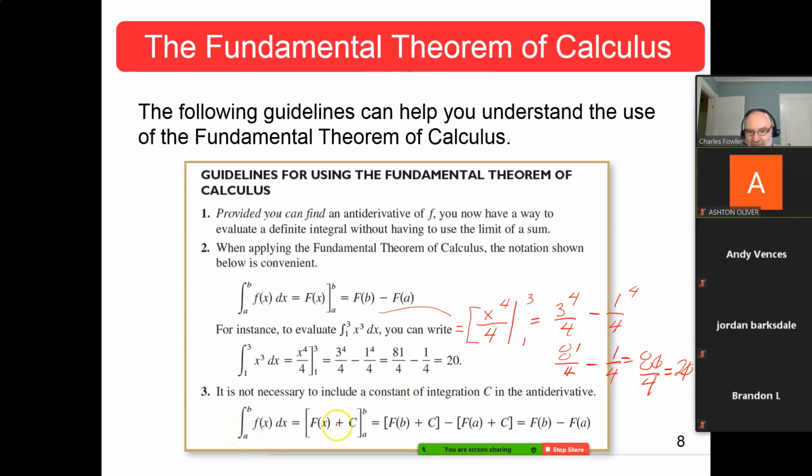But you see, if you put it in, you do f of x plus c evaluated at b, then evaluated at a, that would be f of b plus c minus f of a plus c. Well, this plus c and this minus c add to 0, and you just have f of b minus f of a. So if you're doing definite integrals, do not worry about plus c's anymore.